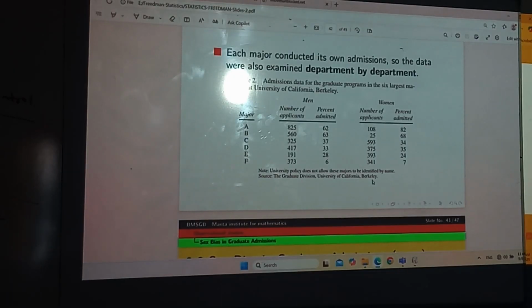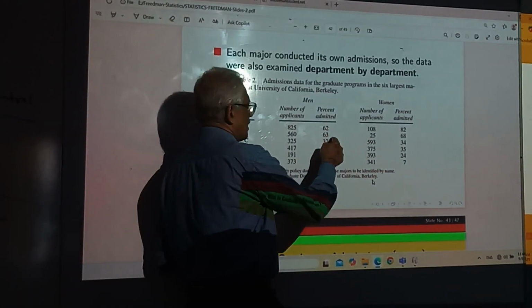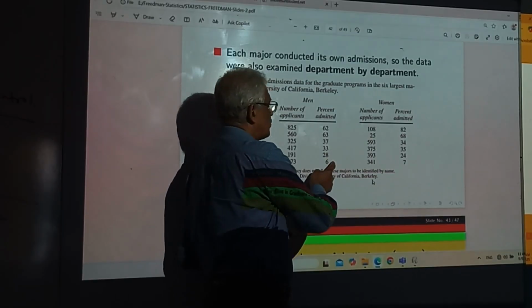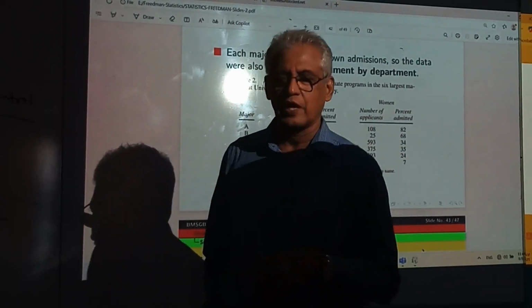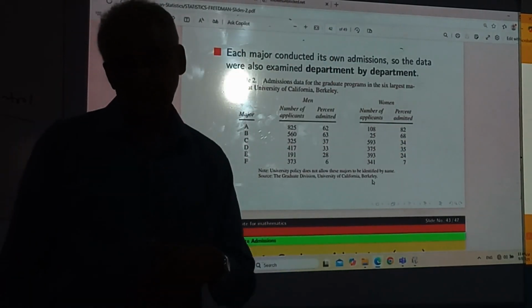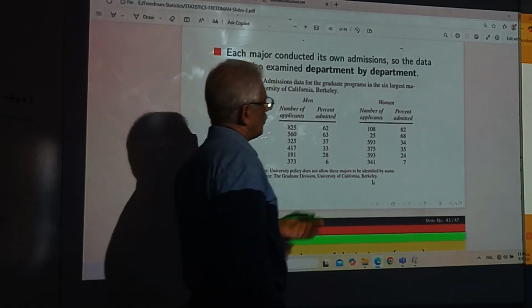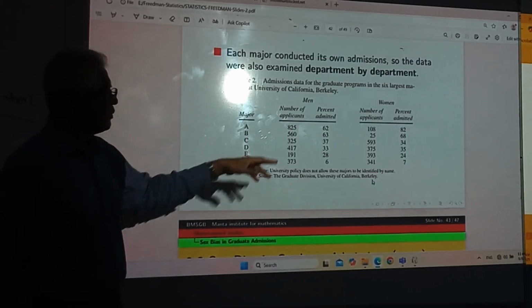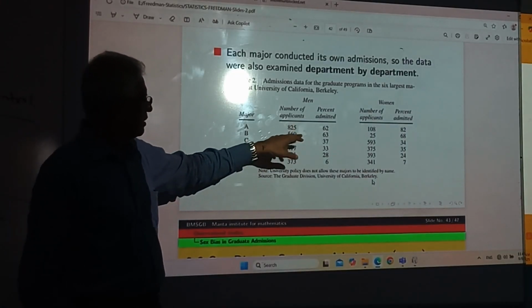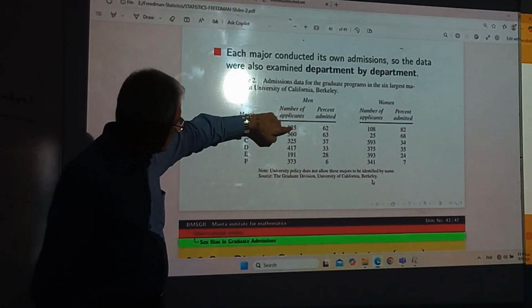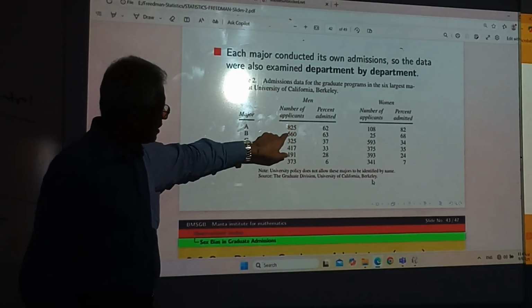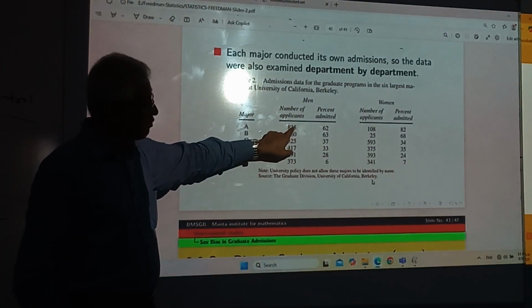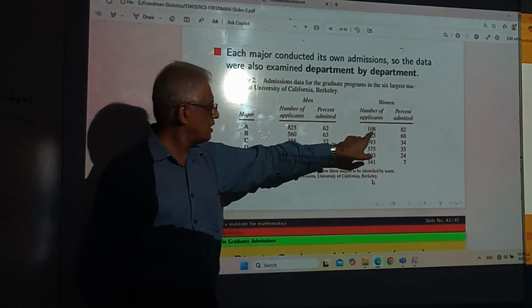You can easily calculate it separately. You can find out the actual numbers and calculate the overall percentage yourself. So you see that the overall percentage was smaller because the actual numbers in these two departments who came for interview for the men were much larger than these numbers.